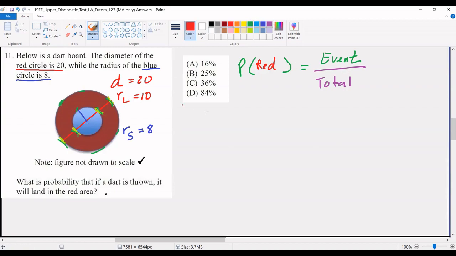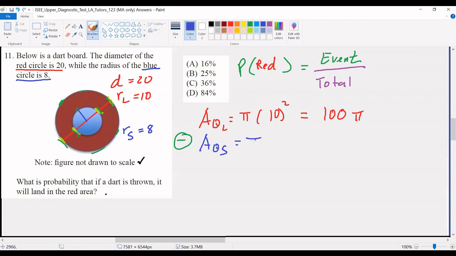In order to find our event, we're going to need the area of the larger red circle. This is going to be pi times radius squared. In this case, our radius is 10, and this gives us 100 pi. Then we're going to need to subtract the smaller blue area. The smaller blue area is going to be pi times our radius squared.